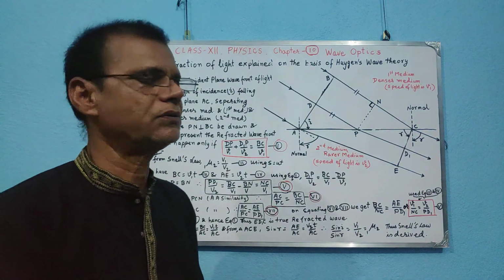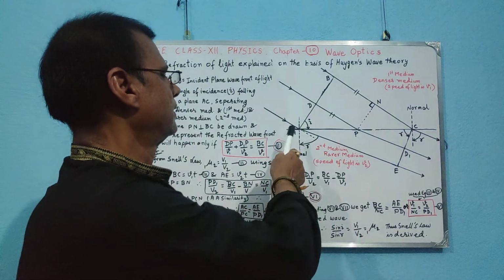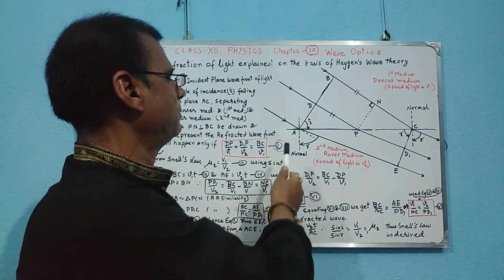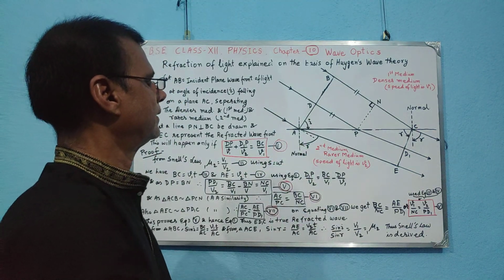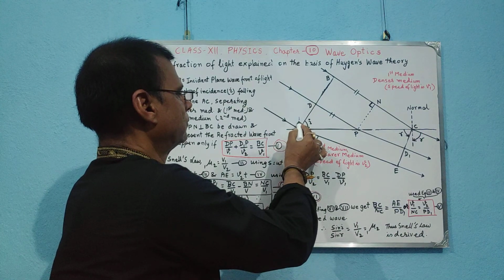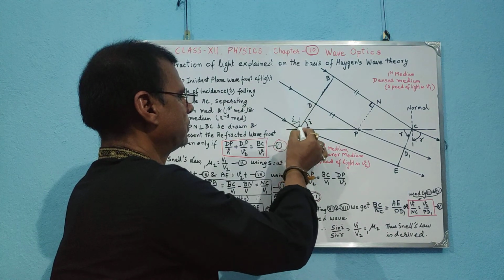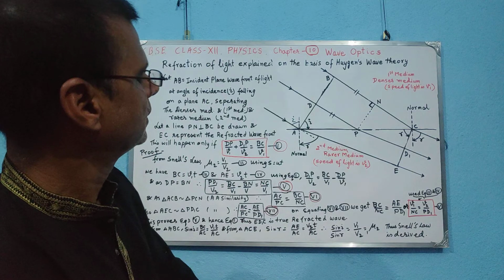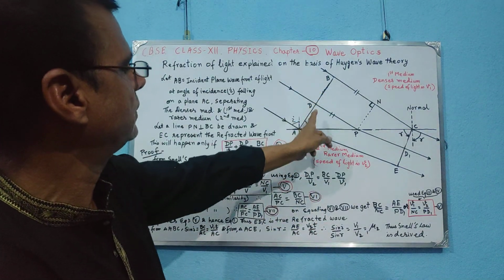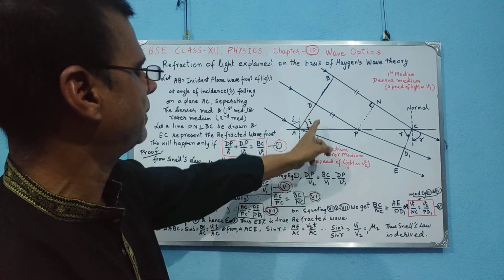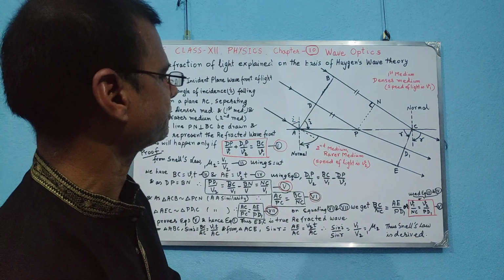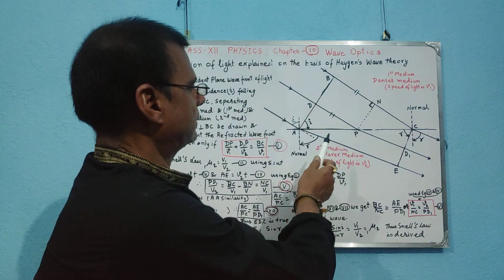We also assume that the angle of incidence is i, that means the ray makes angle i with the normal drawn at the point of incidence. It is also equal to the angle made by the wavefront with the surface separating the two media.